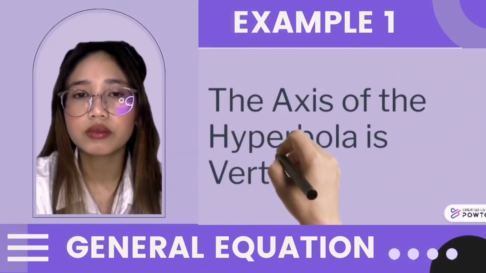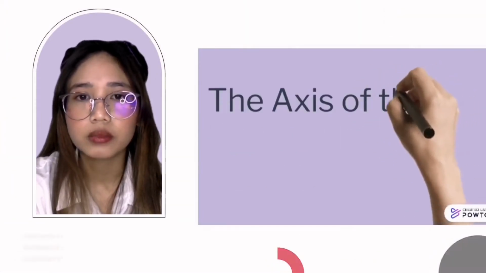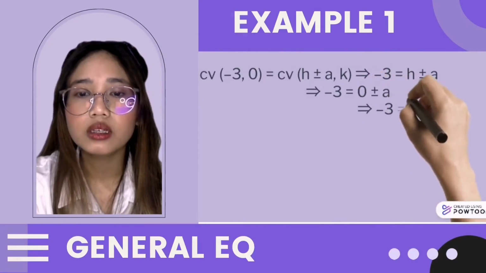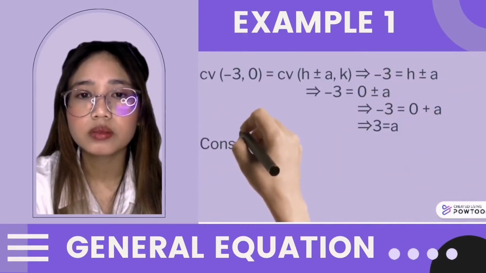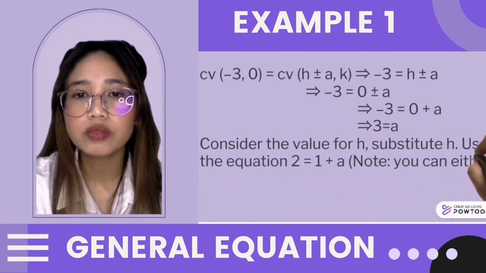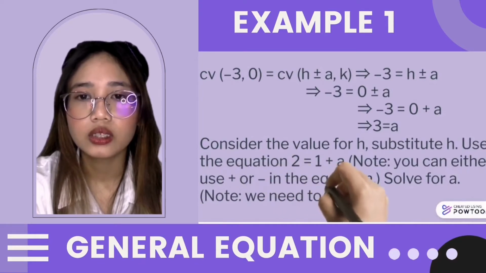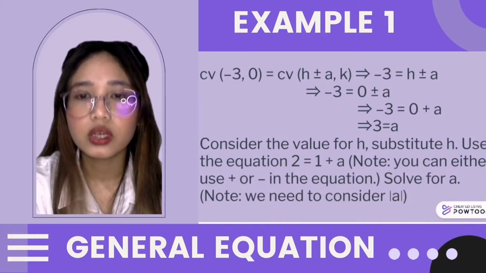This problem is a vertical hyperbola because the x-coordinate of the center and vertex is the same. So, we'll get the letter a first, and the equation to get a is h plus or minus a equals the x-coordinate of the co-vertex, negative 3.